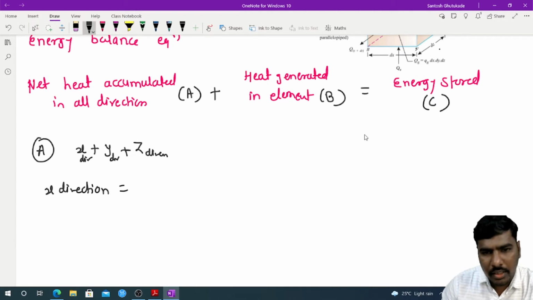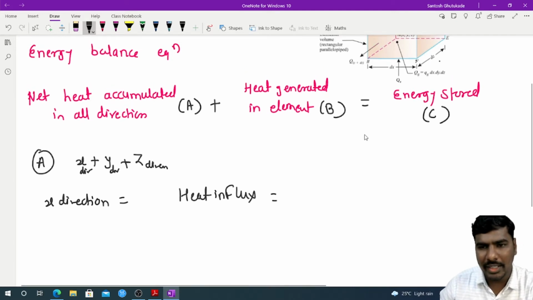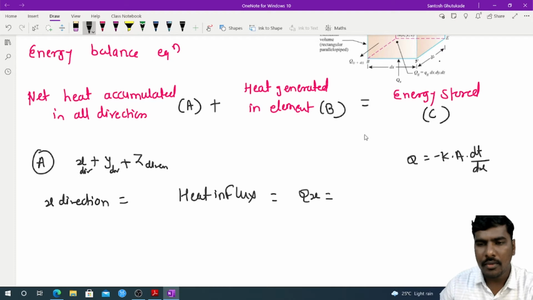The heat coming into the element is called the heat influx. From Fourier's law, Qx is equal to, we know Fourier's law is Q equal to minus kA dT by dx. So that is Fourier's law.